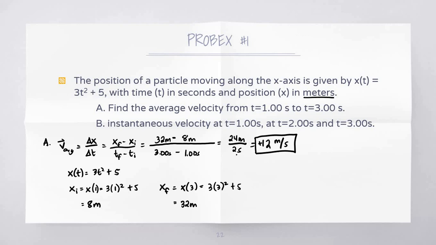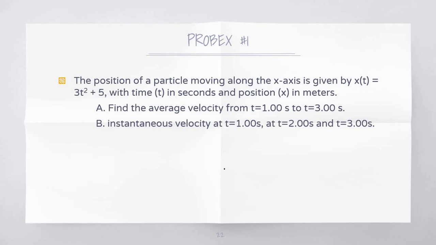All right, so how about finding the instantaneous velocity at 1 second, at 2 seconds, and at 3 seconds? So how do we do that? Remember that the formula for instantaneous velocity is the first derivative of position x with respect to time.